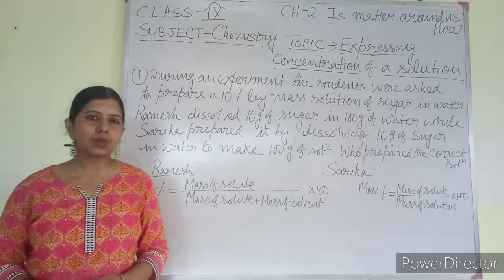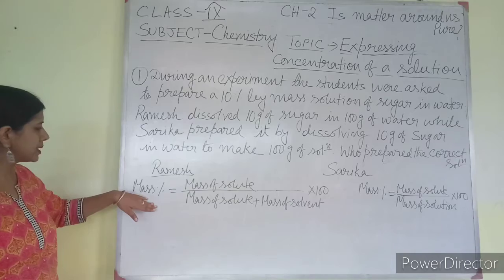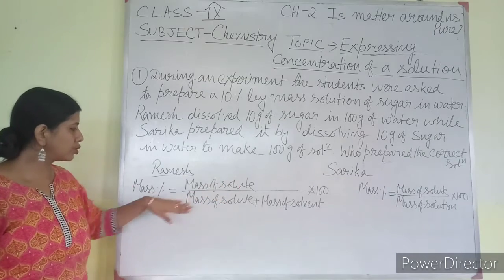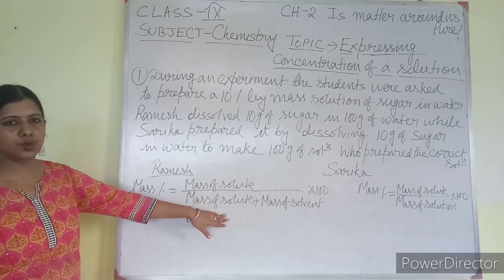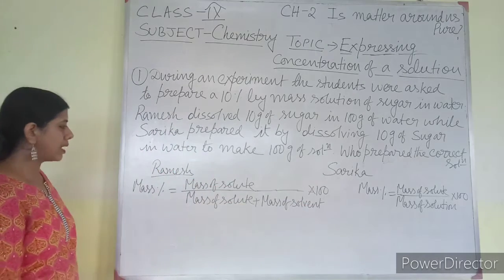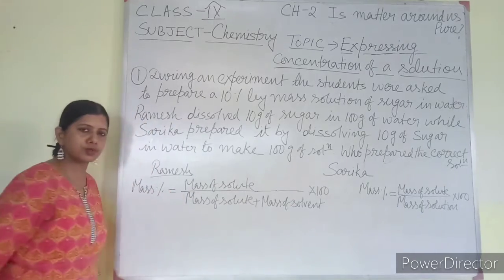Now according to the equation I have already written, mass percent equals mass of solute by mass of solution into 100. Mass of solution means mass of solute plus mass of solvent.